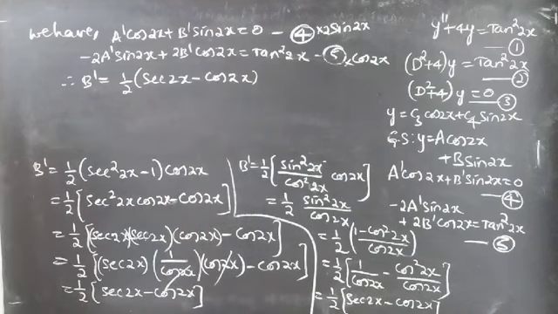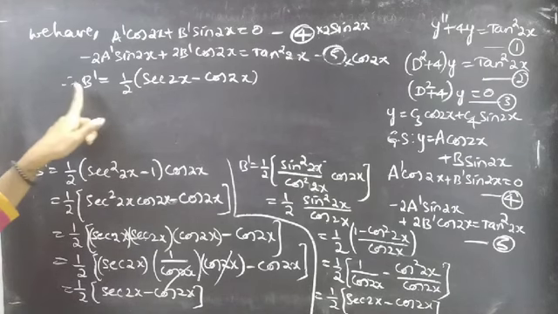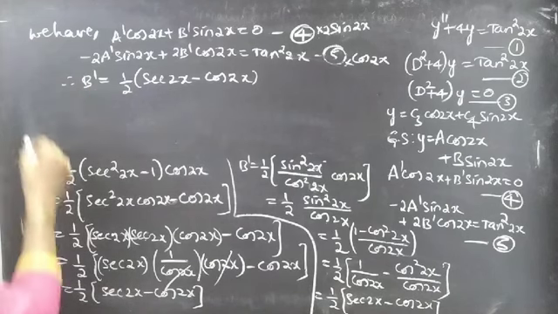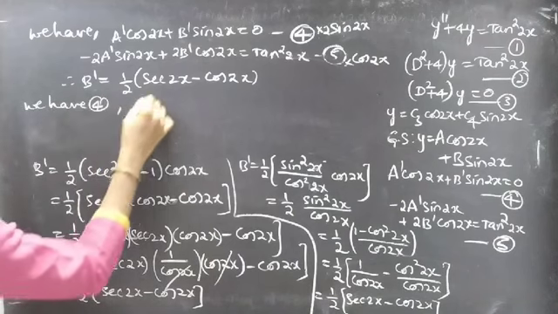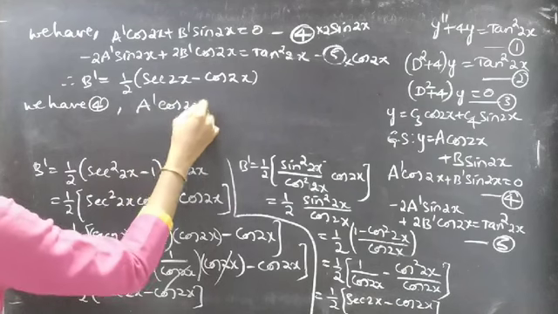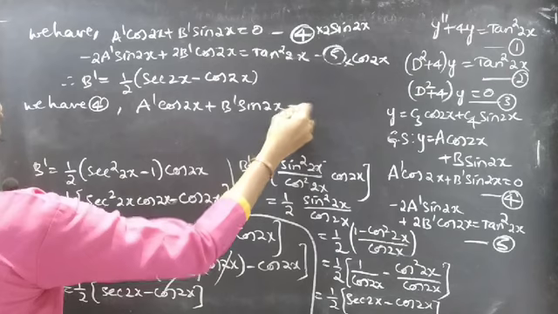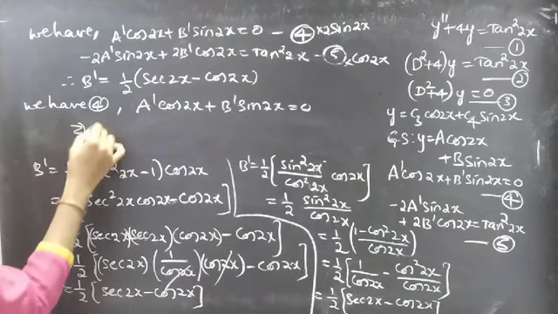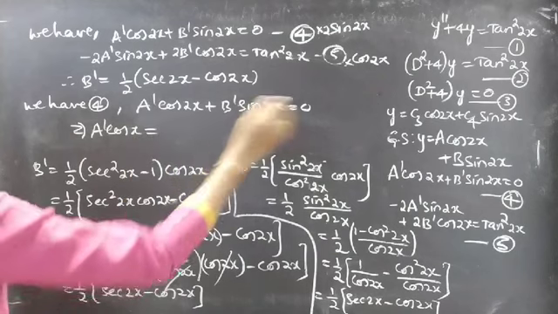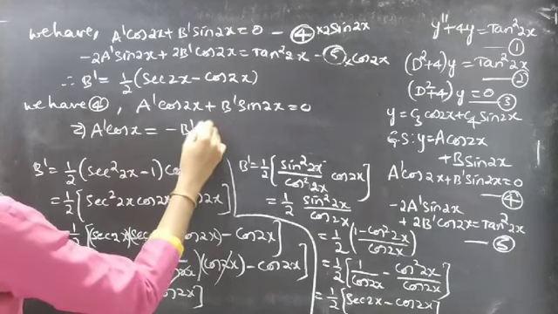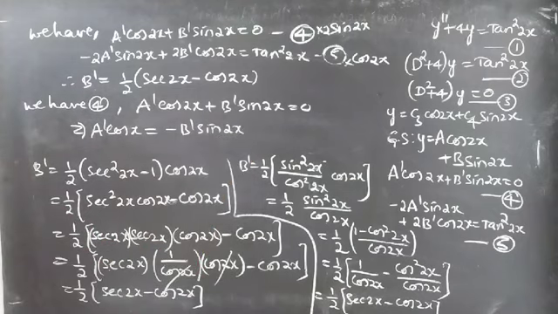We got b dash, right, by solving 4 and 5. Now let's put b dash in equation 4. We have equation 4, a dash cos 2x plus b dash sin 2x. Let's substitute b dash here. Firstly I'll take this to RHS, I'll get minus b dash sin 2x. Now I'll substitute b dash here.